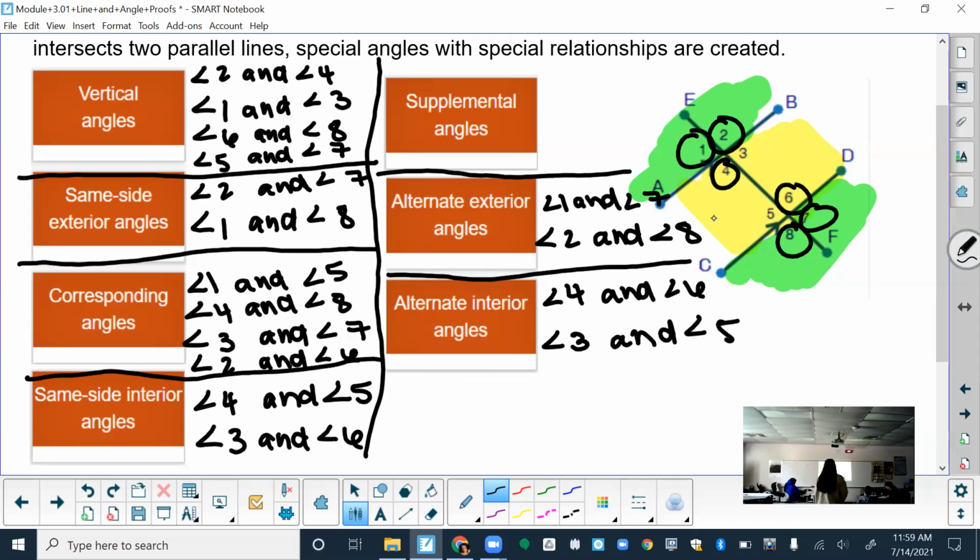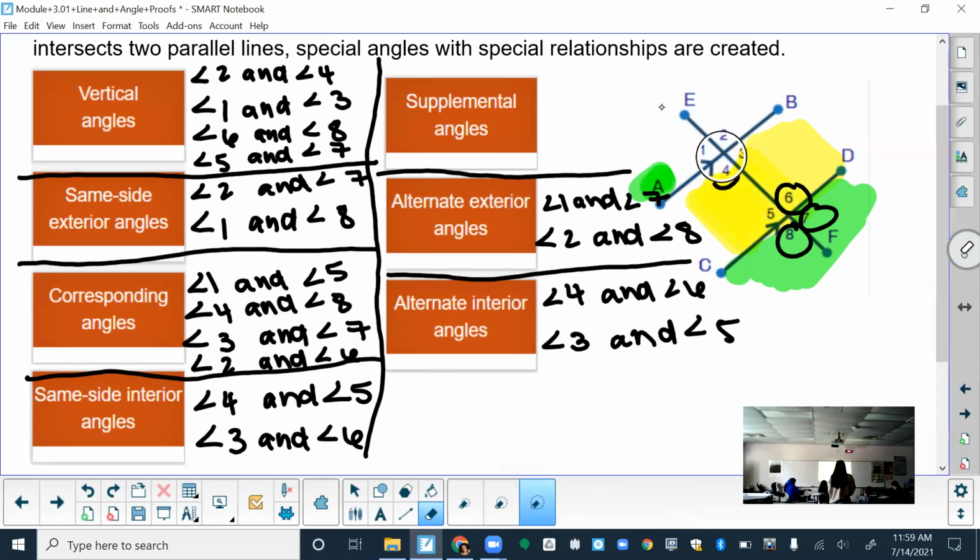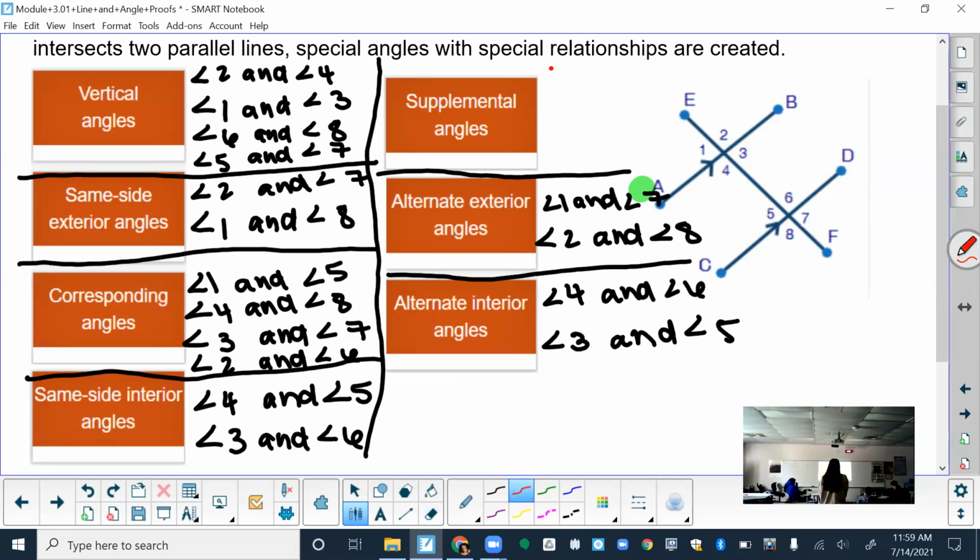So supplemental angles I skipped because there are so many examples of supplemental angles in this picture. I don't think I can fit them all. But supplemental angles add up to 180 degrees.